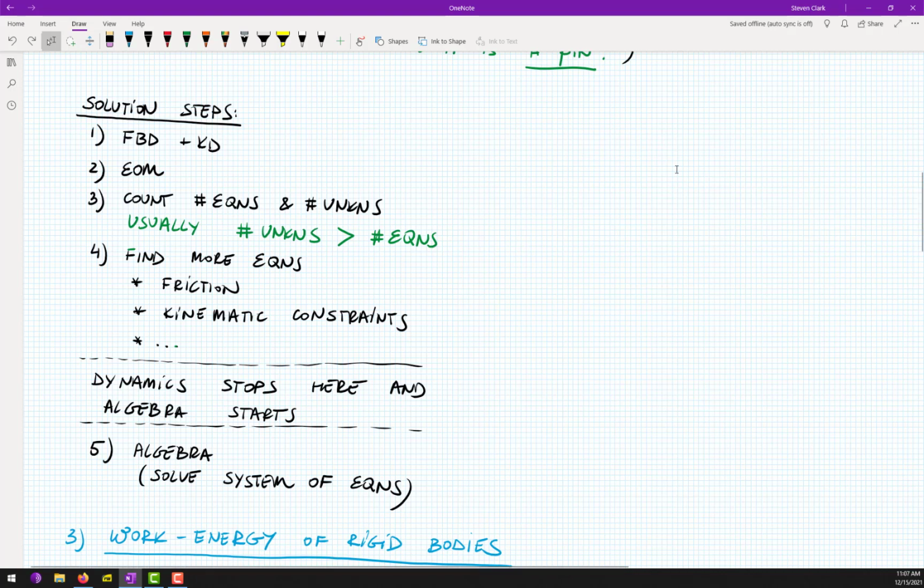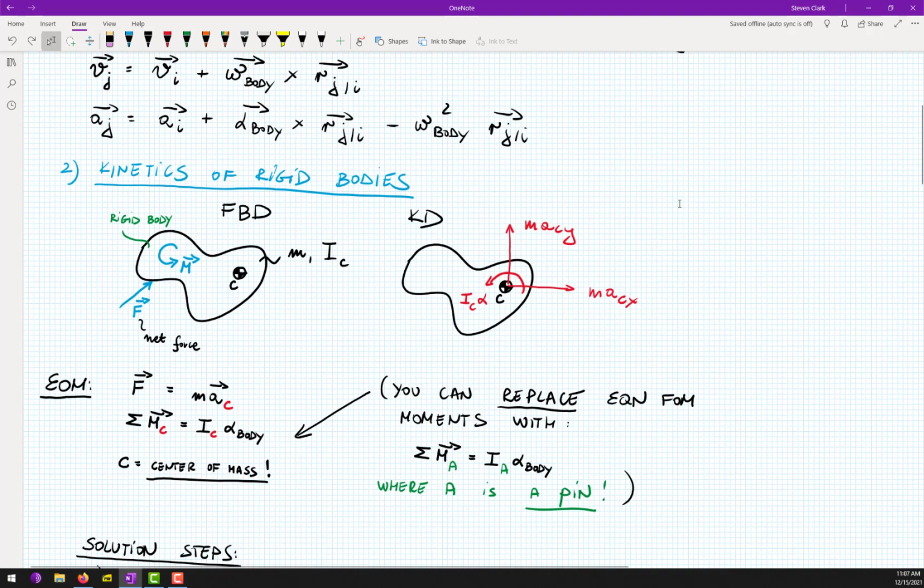Can you write the equation for going between IC and IA? Like going from the moment MC equal to IC alpha body, there's an IA to IC, some equation, right? Like the parallel axis theorem, something like that.